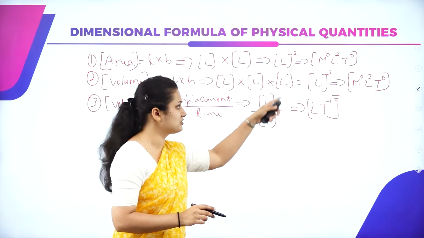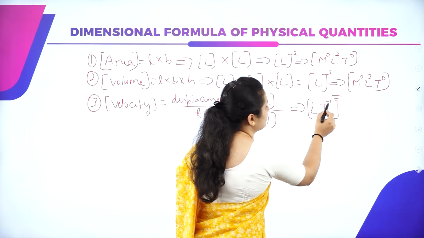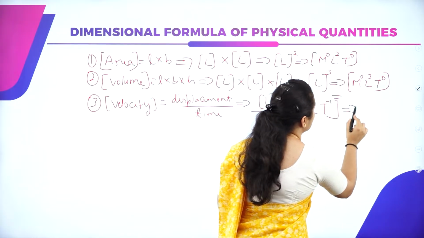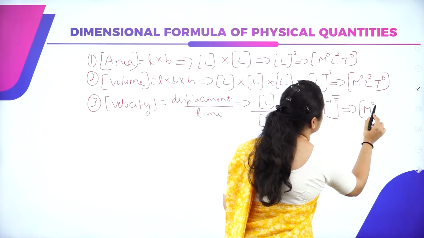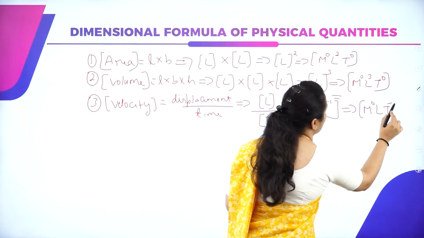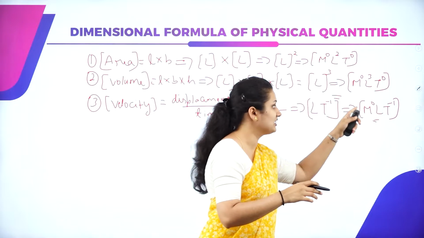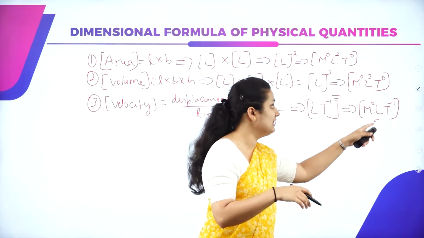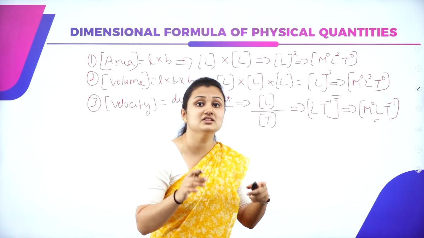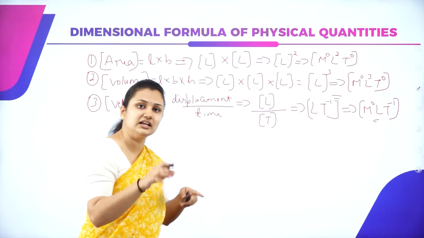You can also write this as M to the power 0, L, T to the power minus 1. That means velocity possesses 0 dimension in M, 1 dimension in L, and minus 1 dimension in T, time.